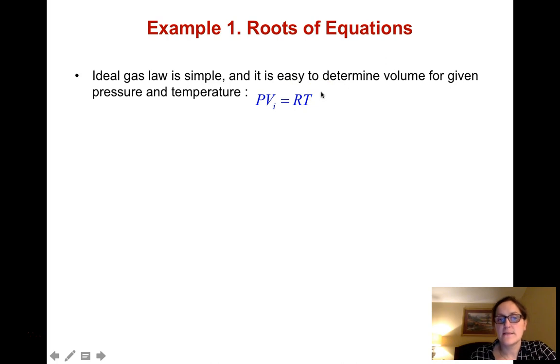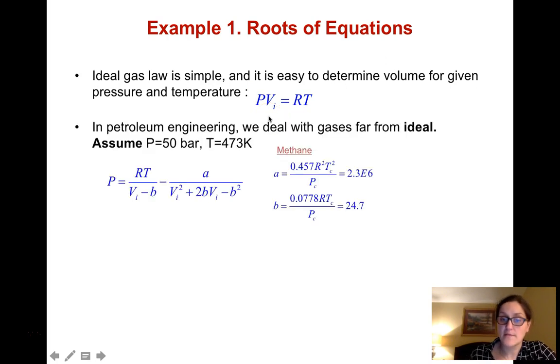Now, this is the ideal gas law. Most gases are not ideal. They don't behave in a simple way. So we have a much more complex relationship. In this relationship, if you give me volume and temperature, I'll give you pressure. If you give me any two of them, I'll give you the third one among these thermodynamic variables.